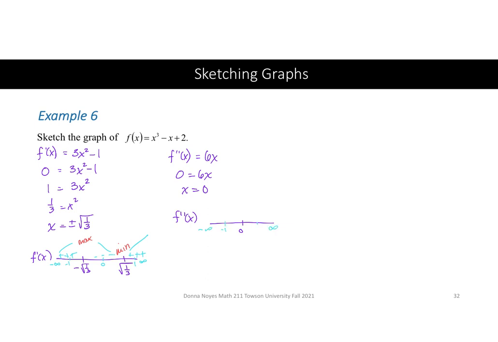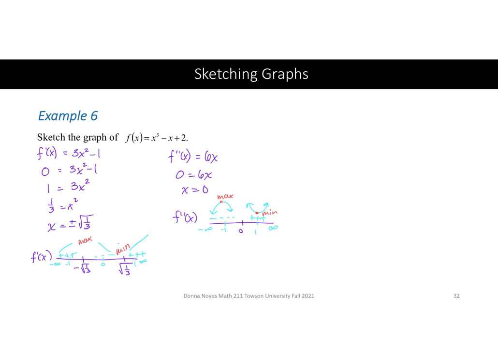Test a -1 and a positive 1. 6 times -1 is -6, so we're negative and concave down here. And 6 times 1 is positive, so we're positive and concave up. Again, implying a maximum and a minimum. So absolutely, our second derivative agrees.